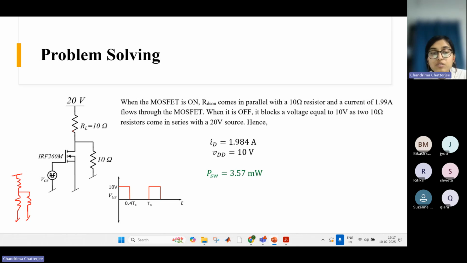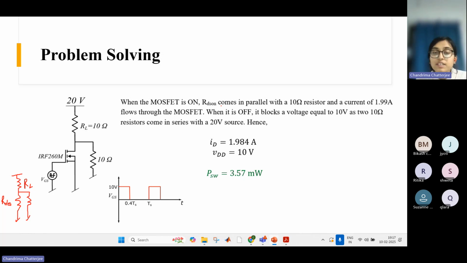So this is 10 ohm. This is RL. Okay. And this resistance is given as 10 ohm. And this resistance, which is basically the MOSFET model for now, that is RDS on. Okay. RDS on, this resistance.